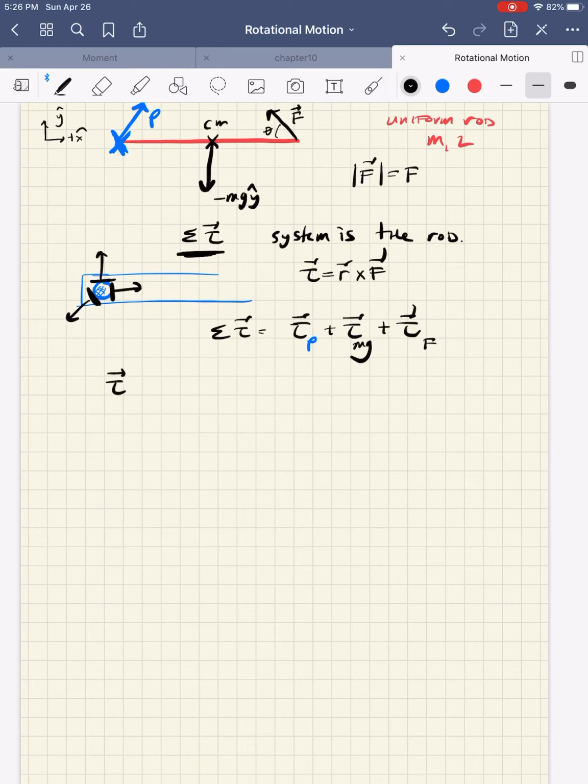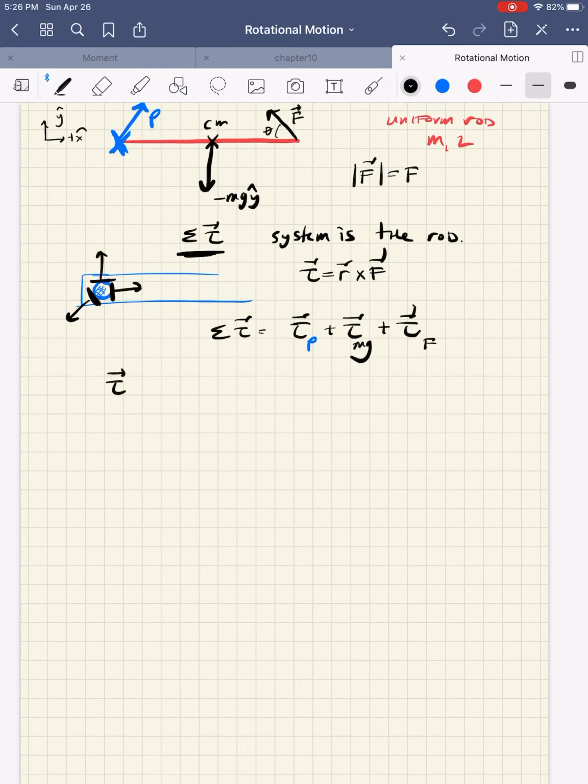For gravity, the r vector looks like this, and for this force that acts all the way at the very end, the force looks like that. But the r vector of the P force is 0 in the x hat, 0 in the y hat, 0 in the z hat. It's just the 0 vector, and so the magnitude of this thing is 0.